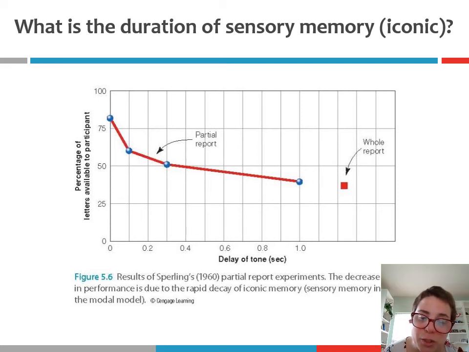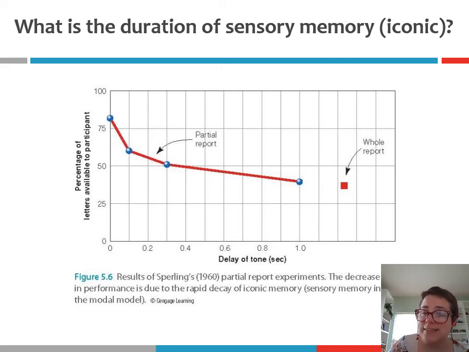So they were able to report like 3.5 out of 4 items on average for the row that they were asked to report, whether it's the first row, the second row, or the third row. But as the delay increased between the disappearance of the array and the tone telling them which row to report, their performance decreased dramatically, right?